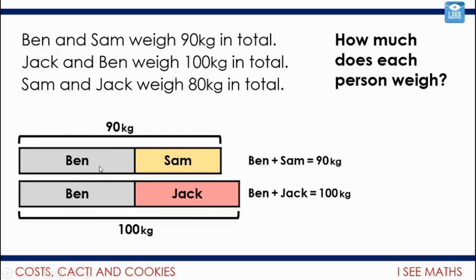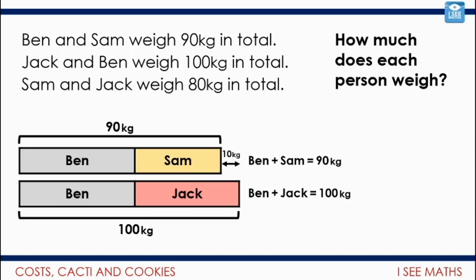Now I've just moved the order in which that number sentence is written here so I can compare, because Ben is the same, he features in both of those first sentences. So the difference is the difference between Sam and Jack. So I can see there that Jack must be heavier than Sam. And that difference, well, of course that difference is 10 kilograms.